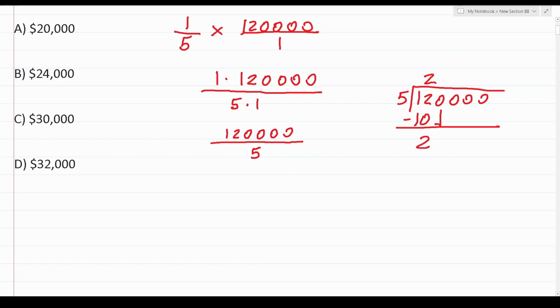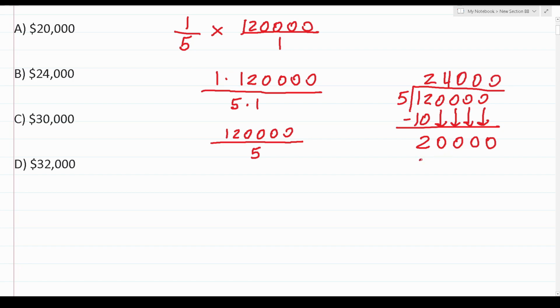And in this case, you normally don't drop down all the zeros, but we can here because it will enable us to solve this problem rather quickly. We're going to ask ourselves, how many times does 5 go into 20? Well, we know that's 4 times. But that said, we have these 3 zeros hanging out here. 5 times 4,000 will be 20,000.